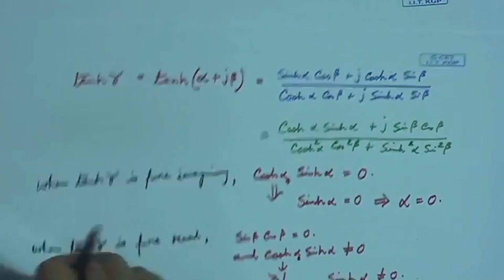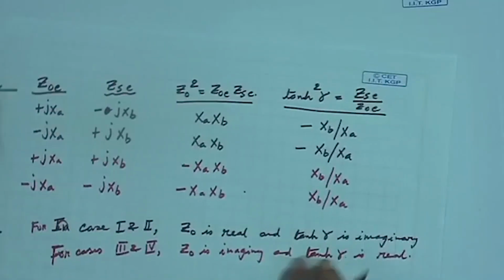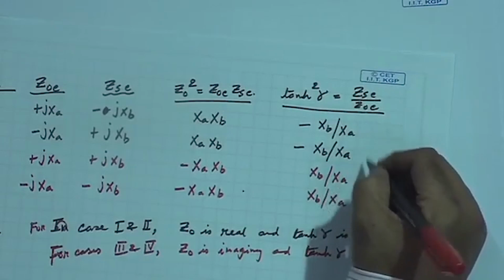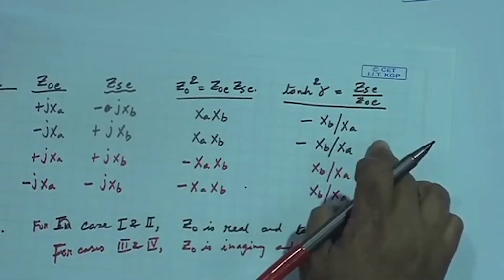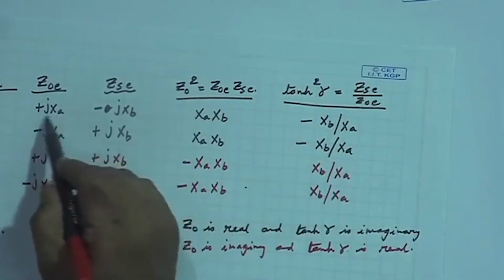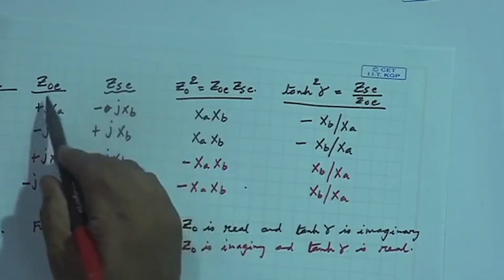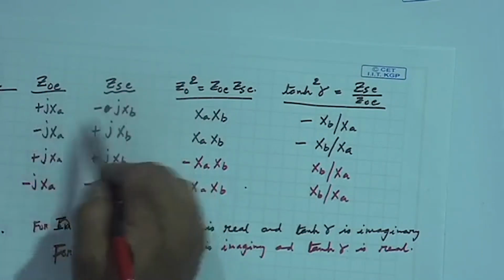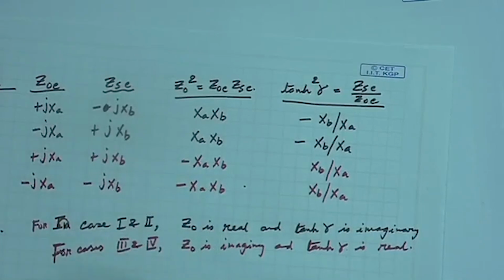So, I will do that. But you also observe here that this is my filter pass band, but here I have one demand that ZOC and ZSC should be of opposite sign.